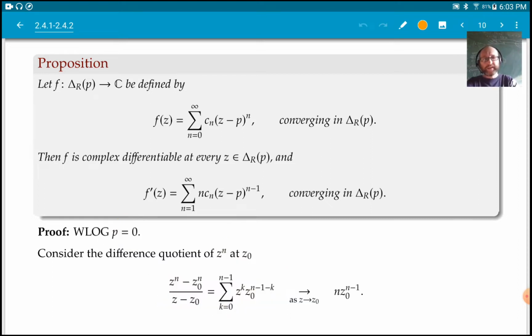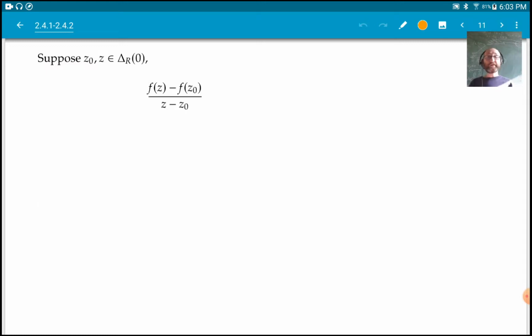And as z tends to z naught, the difference quotient does tend to the thing that I want, just the power rule. This is basically showing that z to the n is differentiable and what the derivative is.